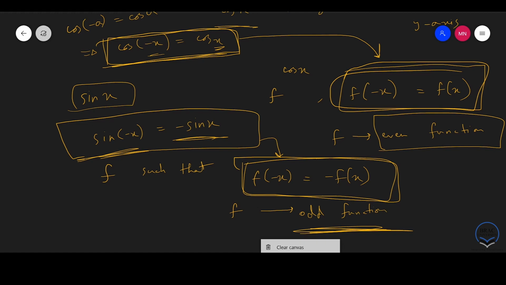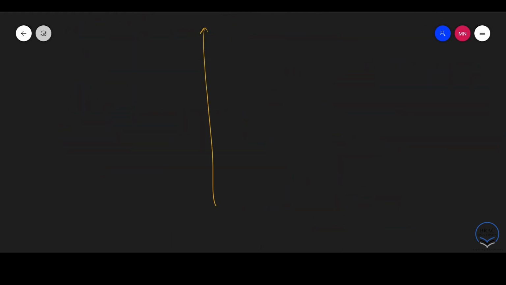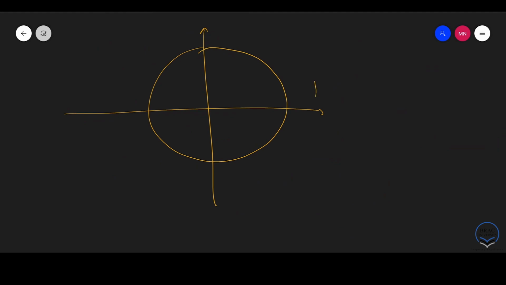Now I can quickly show this using a unit circle. If I rotate anticlockwise by some angle theta, and the corresponding terminal point of theta is some point P with the coordinates a comma b, and if I also rotate by the angle minus theta, the corresponding terminal point is Q with the coordinates a comma minus b.